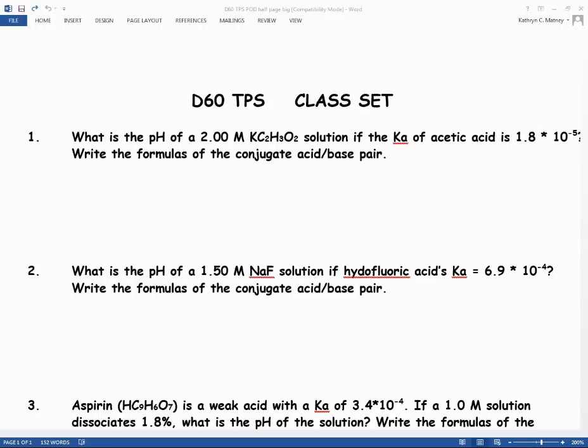And that leaves OH minus behind. I have no ions floating around. My original 2 molar potassium acetate gives me 2 molar potassium ion and 2 molar acetate ion. Agreed? Okay? So then you have your minus X, your plus X, and your plus X.